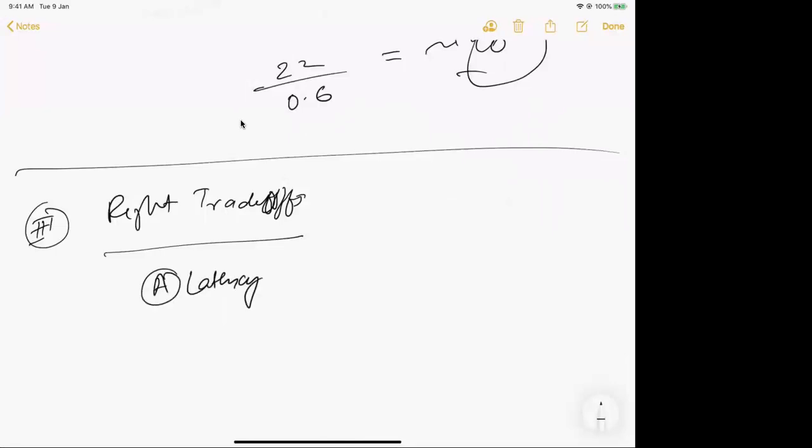What do you guys think? What can we say about latency, folks? Can we afford a higher latency? We cannot, right? Latency should be very low.